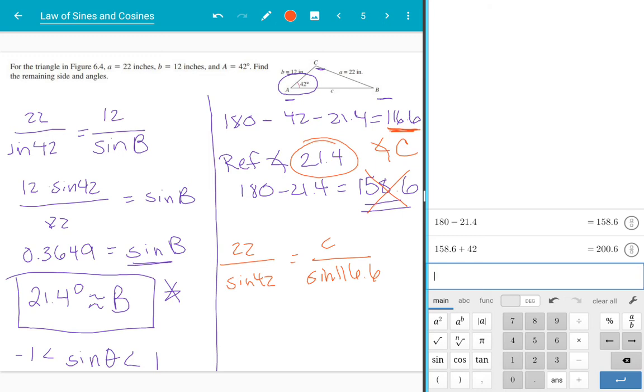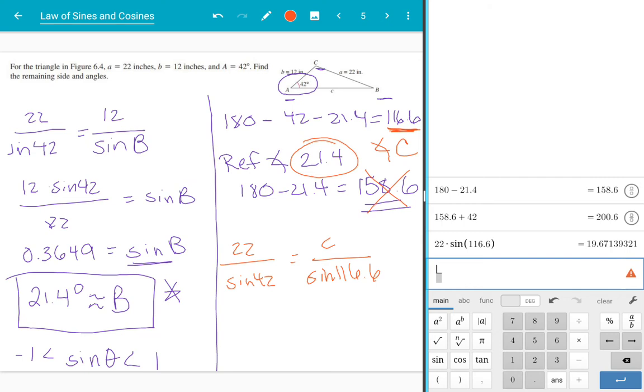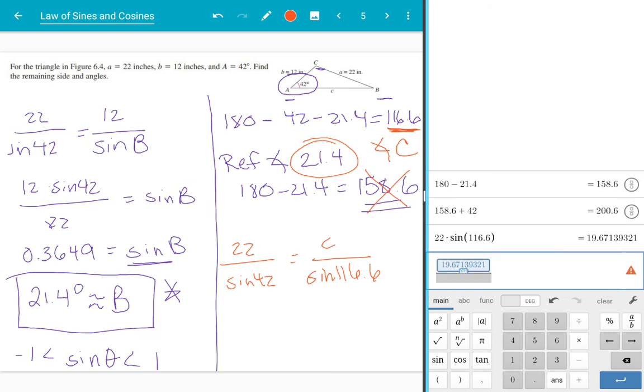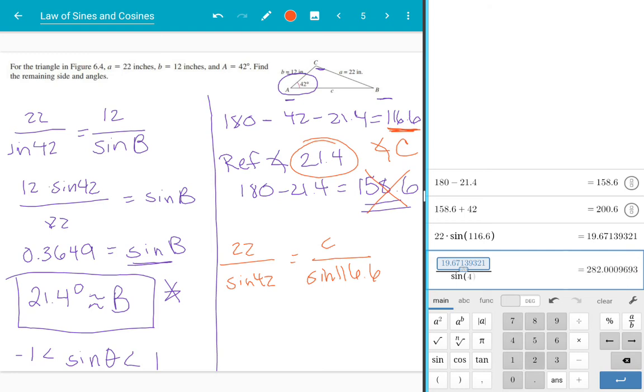So we have 22 times the sine of 116.6, and we take the answer and divide that by the sine of 42. So I get the length of c is approximately 29.4.